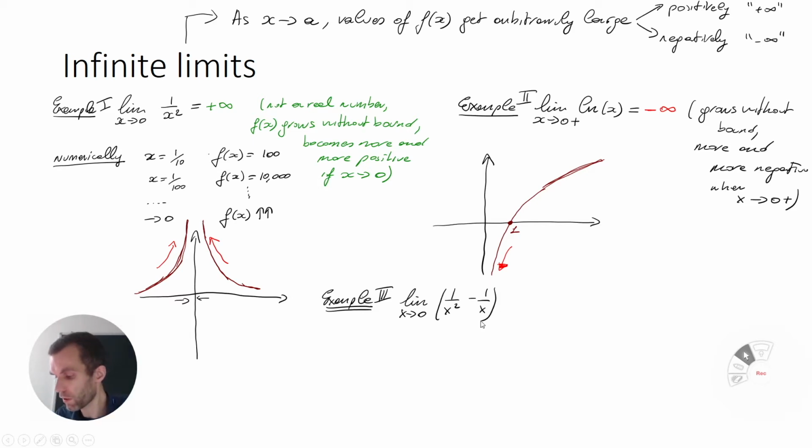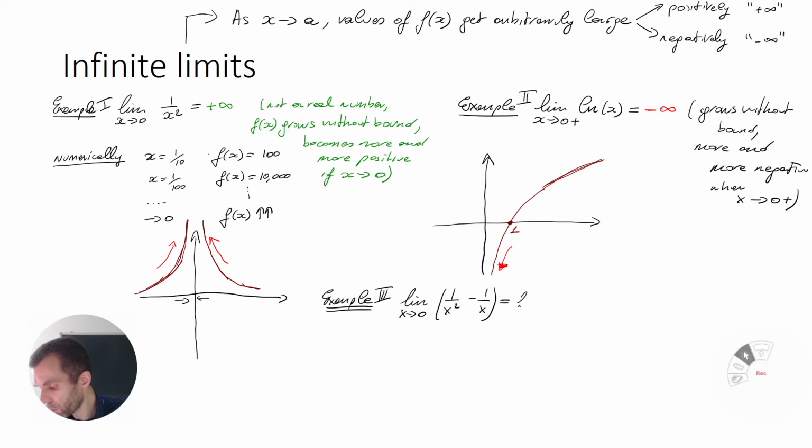A small trick that you can use: it's always a good idea to substitute the value x equals 0 in there and see if the value makes sense. But if we do that, we get 1 over 0, that's more or less infinity, minus 1 over 0, that's also infinity. We get something that looks like infinity minus infinity, which doesn't really make sense. So the hand-wavy approach, or the intuition at least, doesn't work.